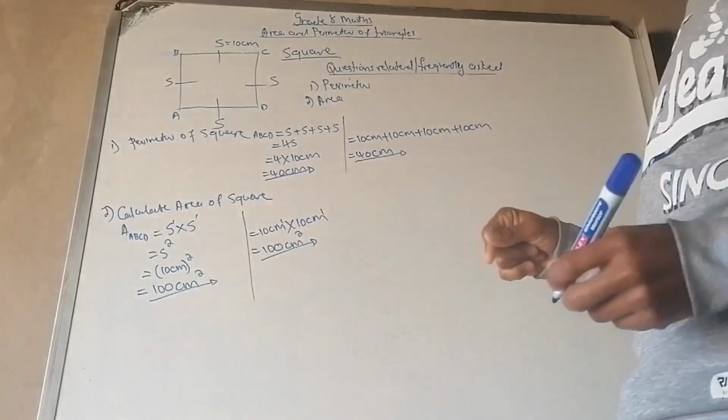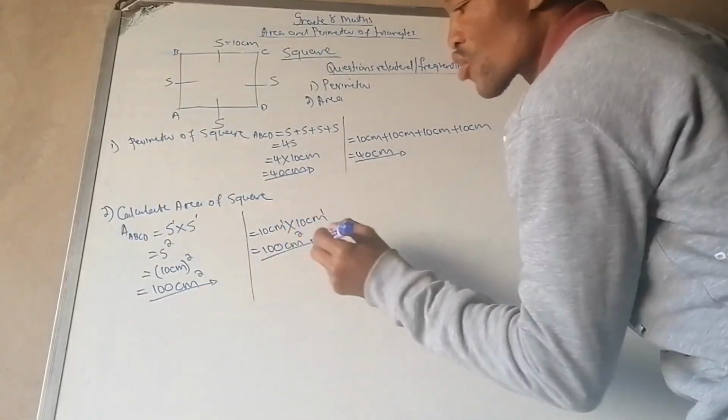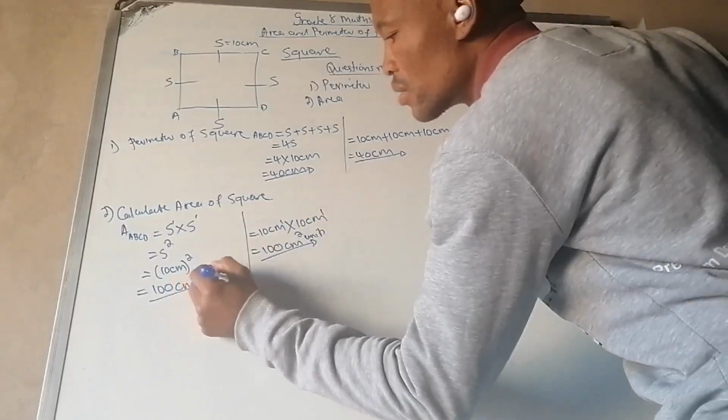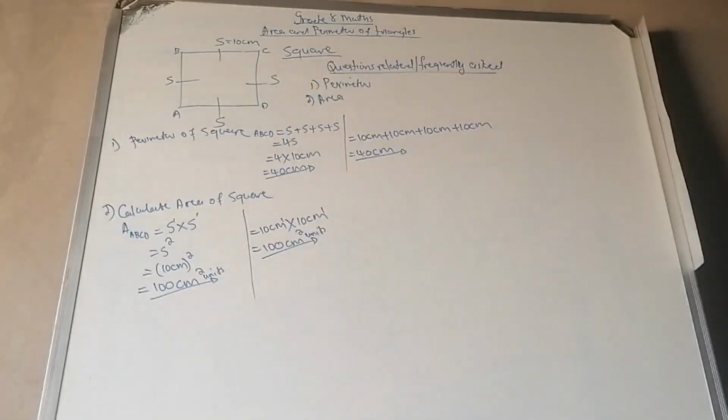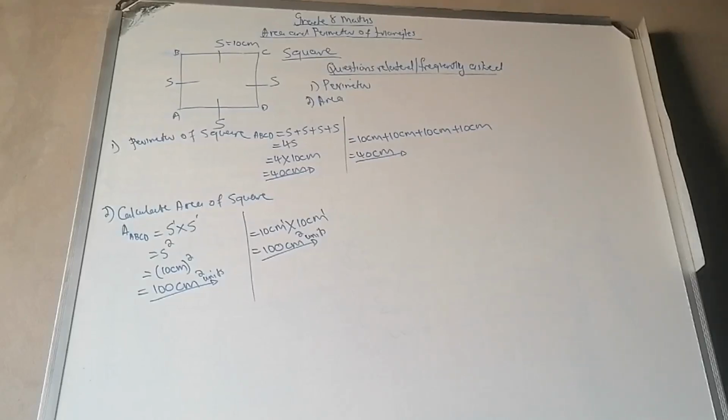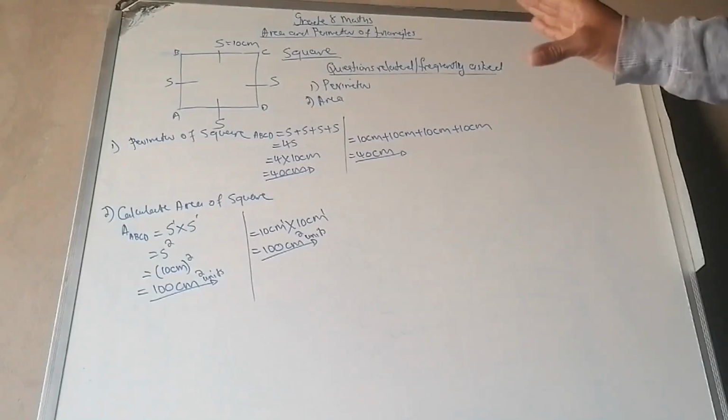So this will be 100 centimeter squared units. Again, that will be the area, the amount of space that an object will occupy. So that is how you calculate the area and the perimeter of this four-sided figure, a square.